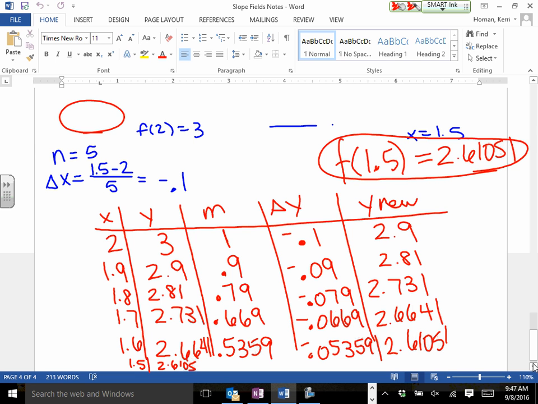I will tell you that if we use the tangent line at 2, 3, we would have gotten 2.5 as our answer. That's a big difference, 2.5 to 2.61. Okay, I mean not a huge difference, but enough of a difference. Okay, we get a lot closer. Are there any questions?